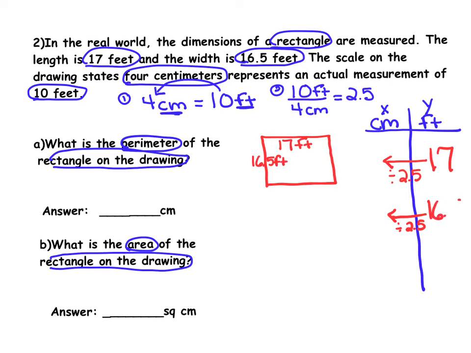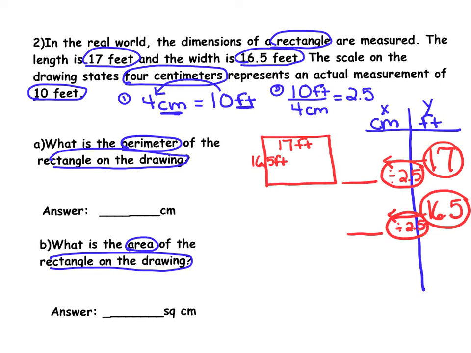So 16.5 would go in the Y column, and in order to calculate the centimeter measurement on paper, you would divide by 2.5. Right now, take 17 and divide by 2.5 and record your centimeter measurement there. Do the same with 16.5, divide by 2.5, and get the centimeter measurement there.